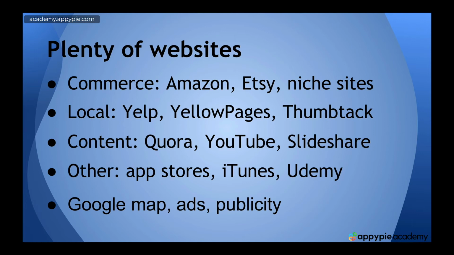Lastly, what I want to do is show you how you can find more such websites on your own. And by the way, if you do this right, you can have many, many listings of your own in the Google Top 10. You don't have to just settle for one.